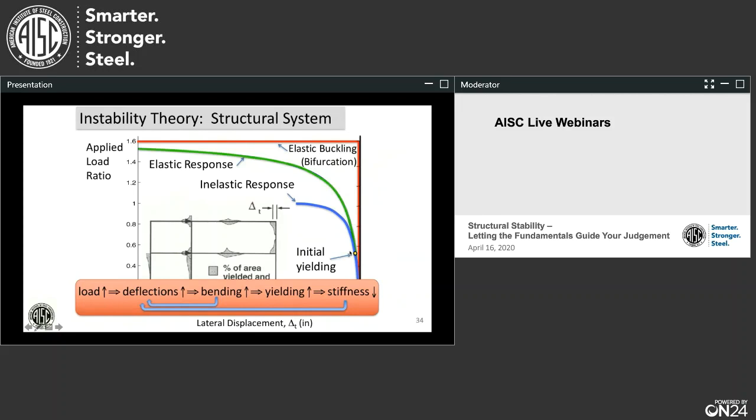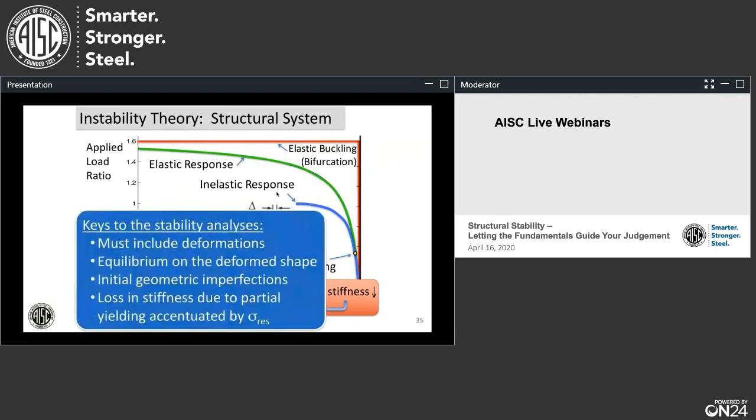But what happens is, at first, not much, and then we start to get some deflections, some initial yielding, some bending, more yielding, loss in stiffness, larger deflections, more bending, and the response looks again like I was trying to indicate on those other systems. So two very different schools.